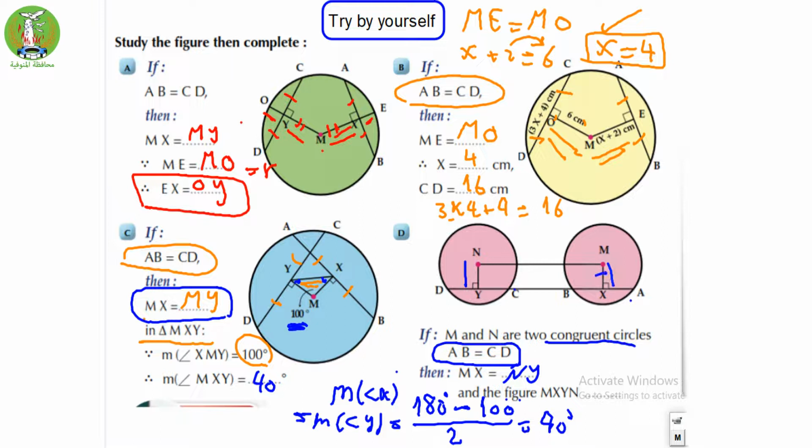And since MX equals NY, then the figure MXYN is a parallelogram with a right angle at X, then the figure MXYN is a rectangle. Okay?